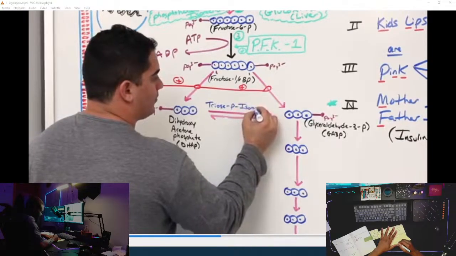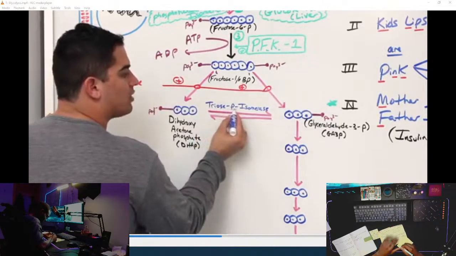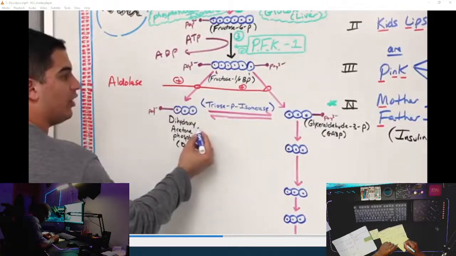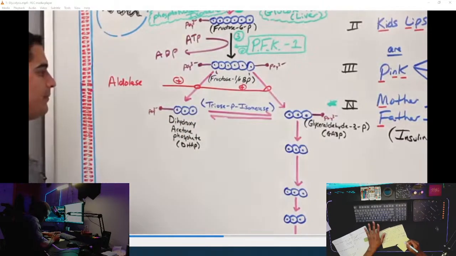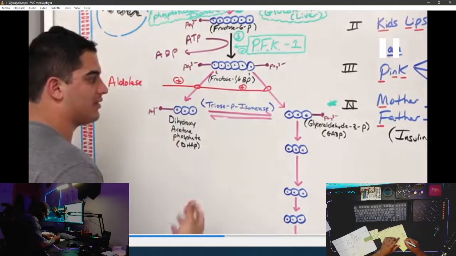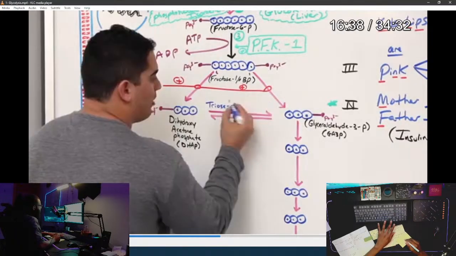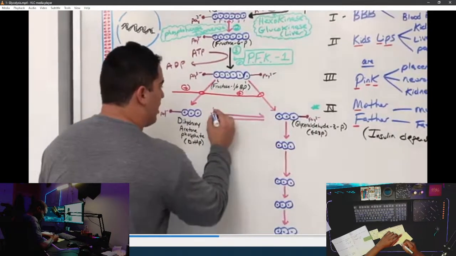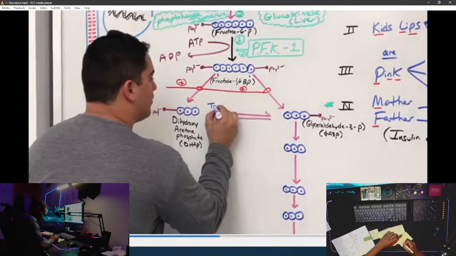Now, glyceraldehyde 3-phosphate, what happens to him? He is then going to get converted to this next guy here.